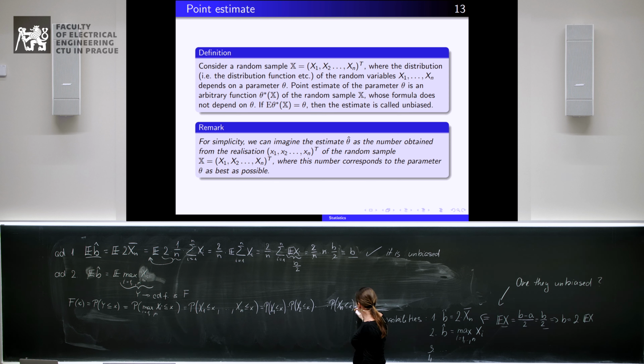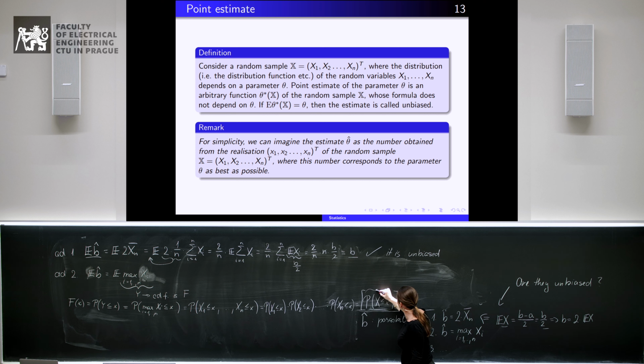And all these random variables are in fact the times of waiting for the bus. So it is equal to the probability that X is less or equal to small x, powered by n.